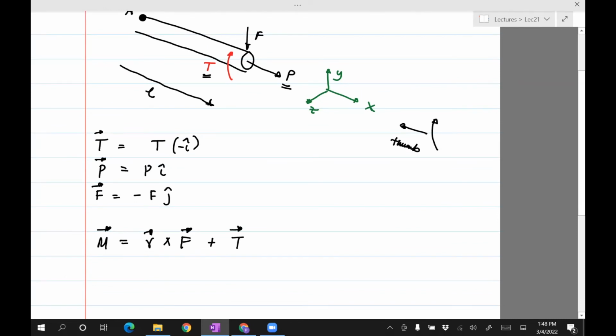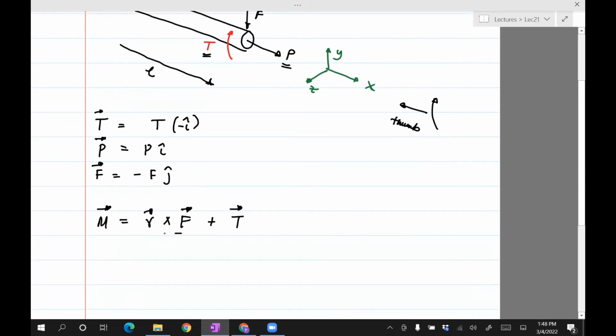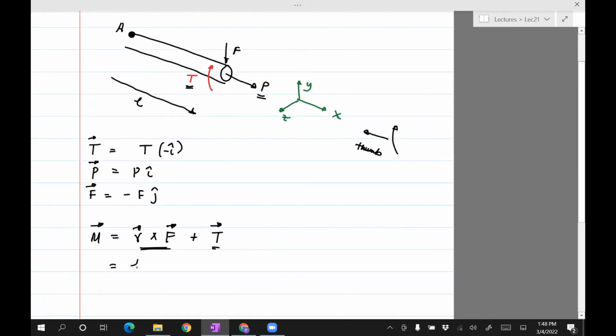So I need to put all the torques here. So that moment is the sum of all the moments, or torques, due to R cross F and then T. And so R is L times the direction of X. So L i cross F, there are two forces.